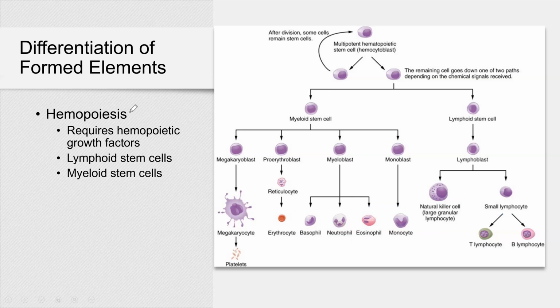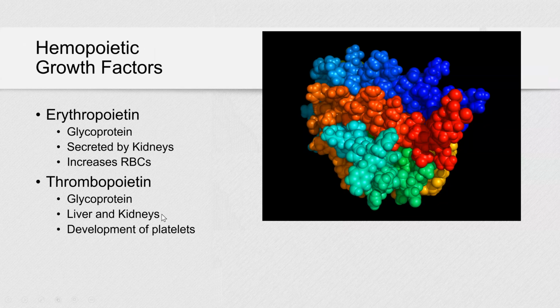So hematopoiesis is regulated by hematopoietic growth factors, and we have lymphoid stem cells and myeloid stem cells. So here are our hematopoietic growth factors, including erythropoietin, which is secreted by the kidney.